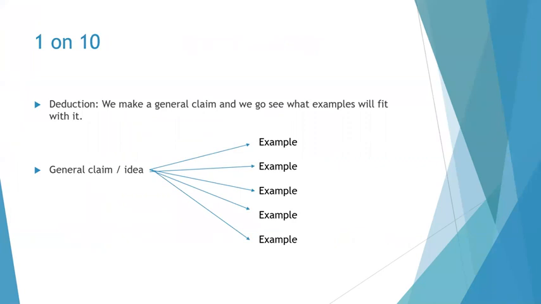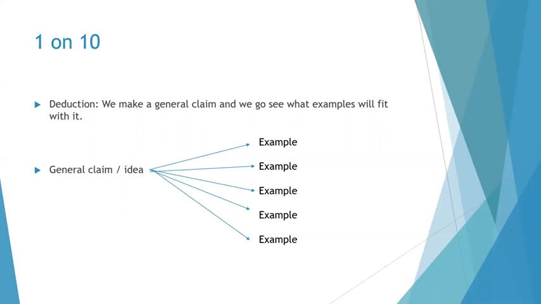So deduction is what Writing Analytically calls 1-on-10. And the idea here is that the 1 is the general idea or claim, and the 10 are the observations in the text you're going to use to try to support that claim. A lot of students start with deduction, 1-on-10.